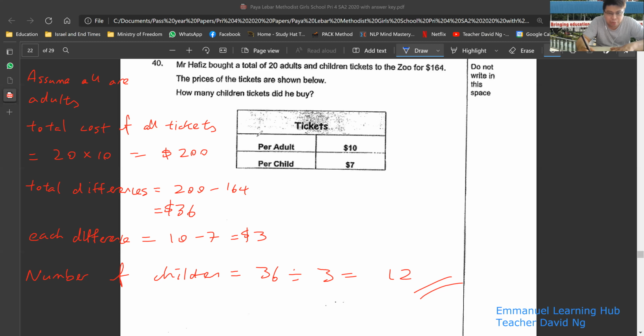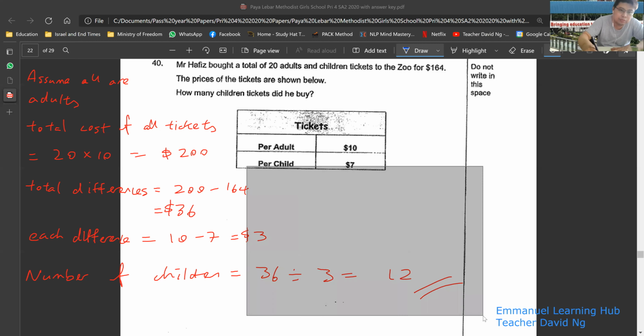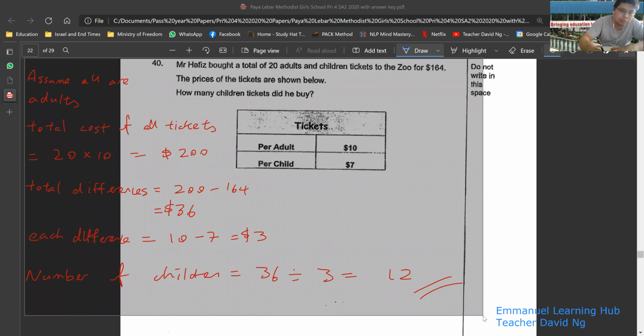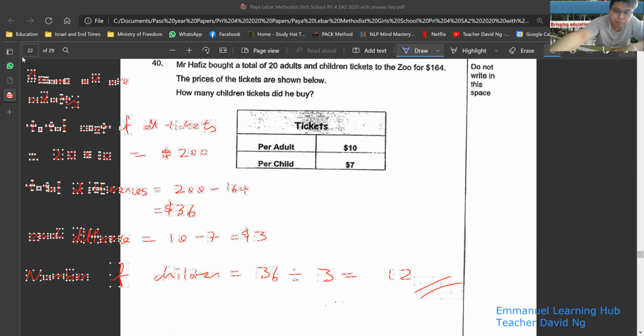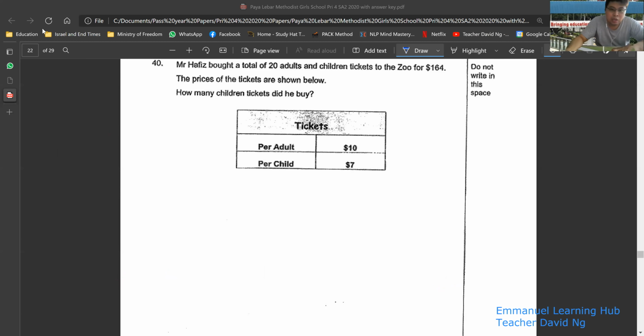Refrain from using guess and check because it's very time consuming. Use the assumption method. It's faster. Okay, let's move on to the next question.